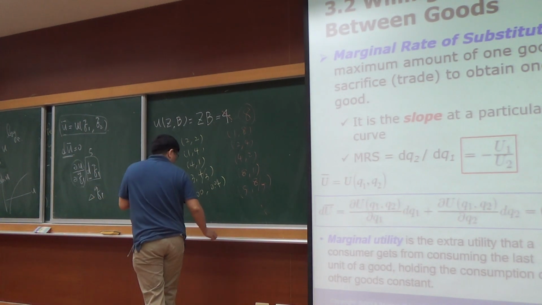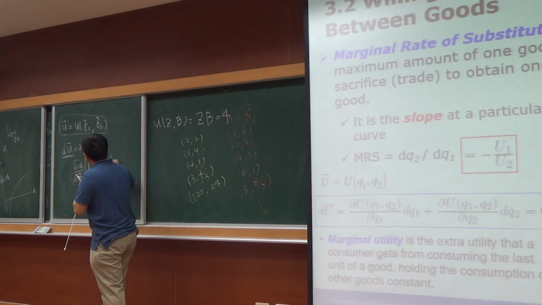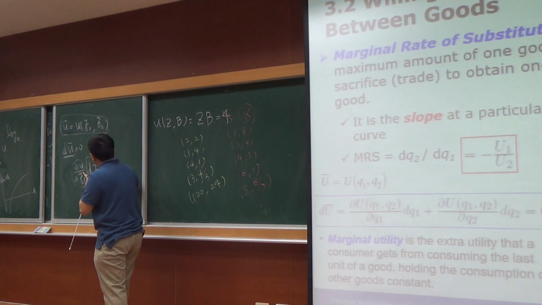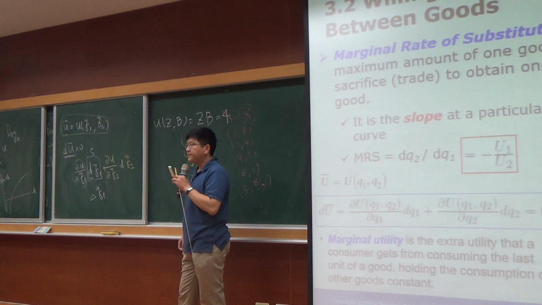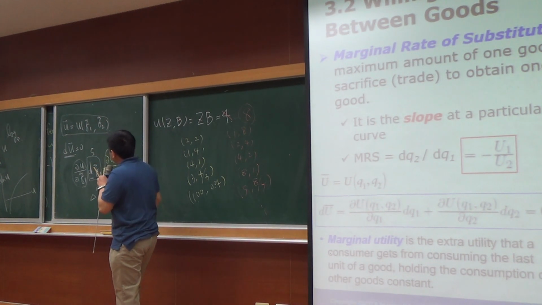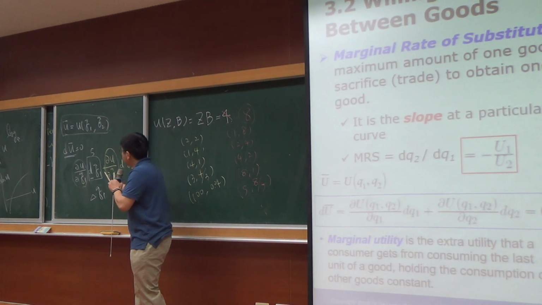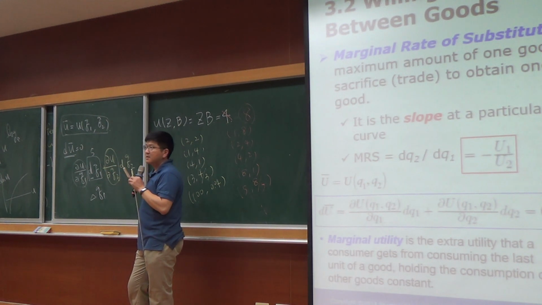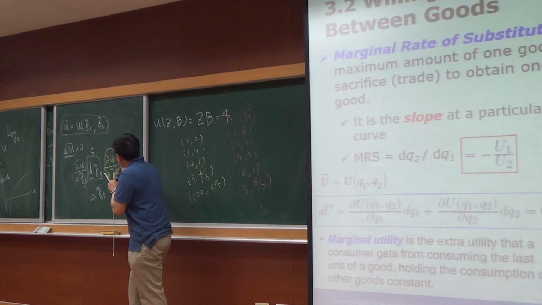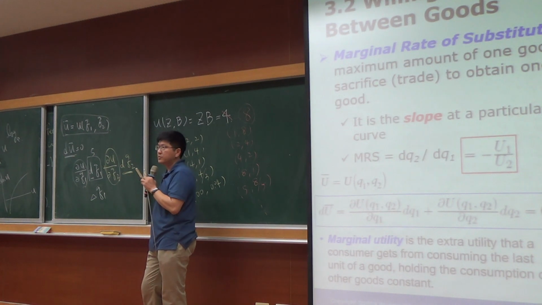So not only Q1 may change, but also Q2 may change. So we have another term, partial U, partial Q2, dQ2, the same logic. And this is the marginal influence, or we call it per unit influence, per unit change of Q2 on the change of U. And this is the differential of Q2, which means the change in Q2.